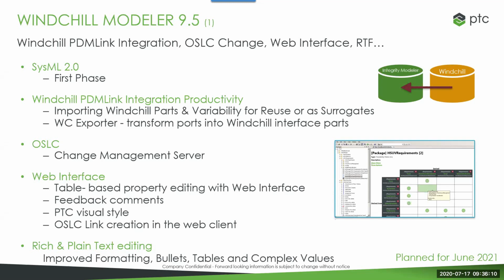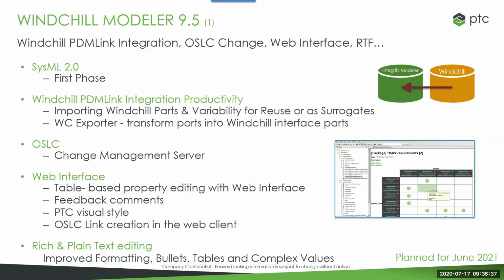We're also planning some web interface improvements: the visual style, feedback commenting, table-based property editing as well, and then OSLC link creation in the web client. So this last one would give us the possibility of allowing non-core Modeler users to create OSLC links.